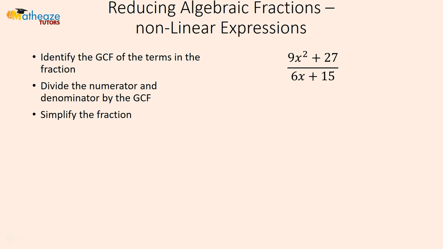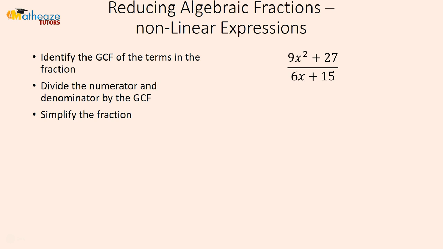Okay, now we're dealing with non-linear expressions. For these questions, I'm not going to try to factor quadratics or anything of that sort. We're just simplifying the linear fractions. So I'm going to look at the greatest common factor here.